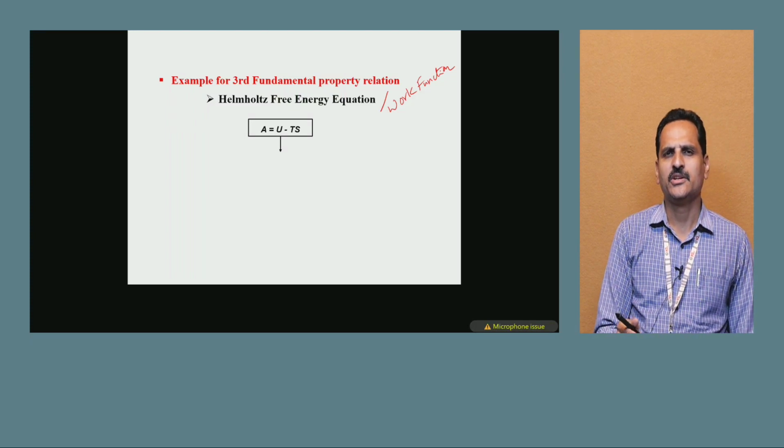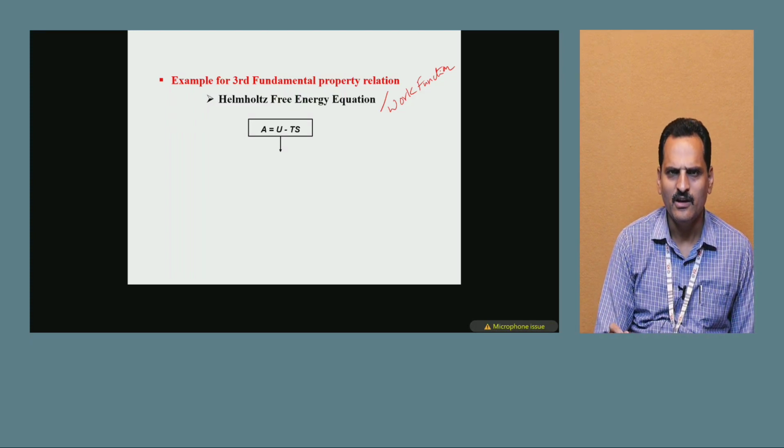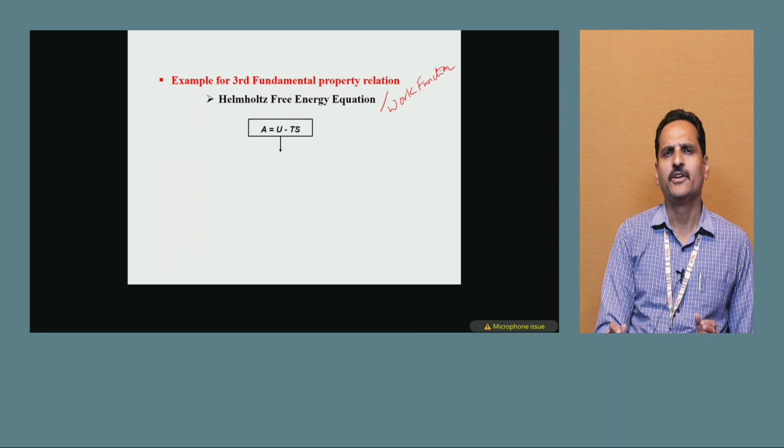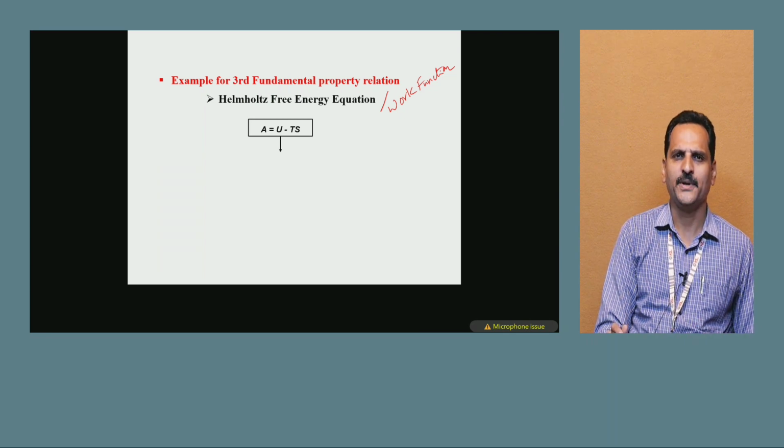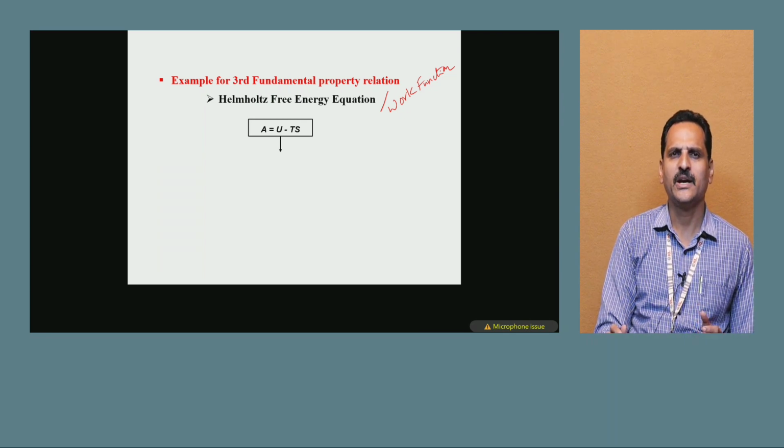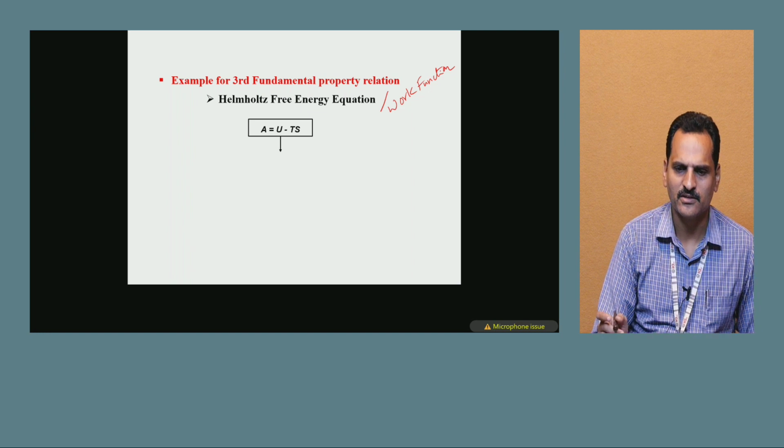Minus TS represents the free of entropy. Whenever you get minus TS, it means free of entropy. So if you subtract the entropy energy, that means TS, from internal energy, you get the amount of useful work of the system, that is called Helmholtz free energy or work function.